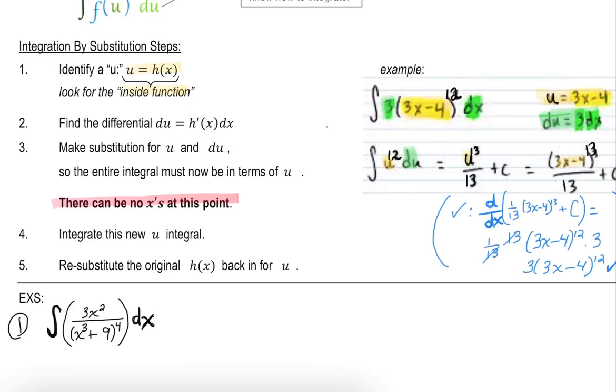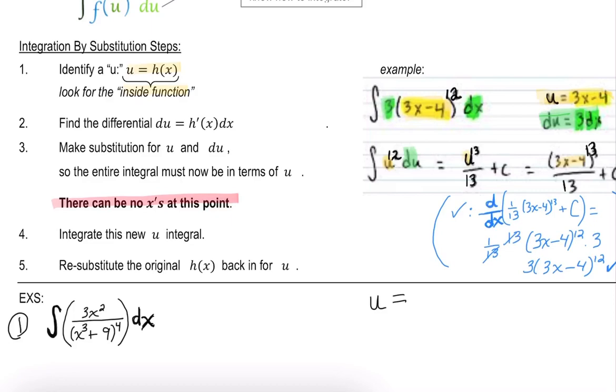So we want to start by identifying what looks like an inside function. And many times, especially initially, your instinct is going to be correct. Not always as we go through and add some complexity, but initially I think about, like my opening example, what looks like something inside of another function.